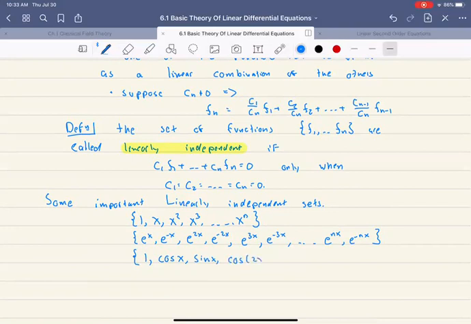Cosine of 2x, sine of 2x, cosine 3x, sine 3x, all the way up to cosine nx, sine of nx.